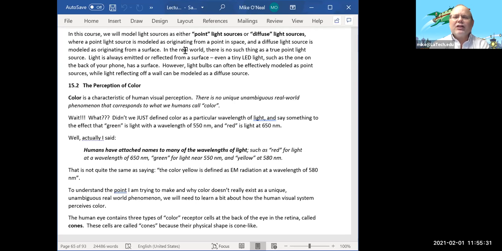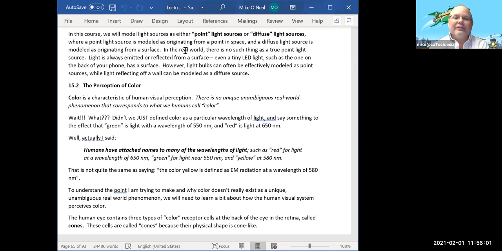There are also diffuse light sources like your overhead fluorescent lights, where light is emitted from a surface. Now, there is no such thing in the real world as a point light source because a point is a mathematical concept. But you get the idea. If it's tiny, like the little LED on the back of your phone, we can call that a point light source because for all intents and purposes, it's a point.